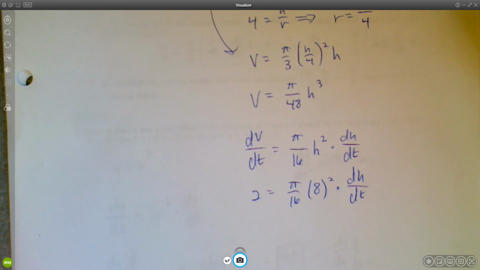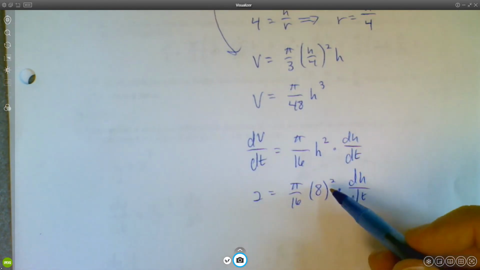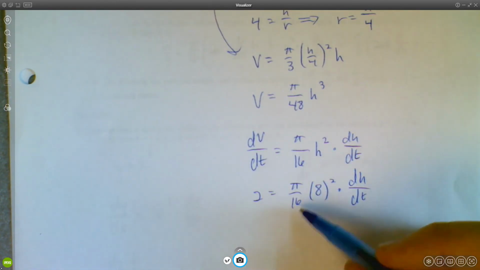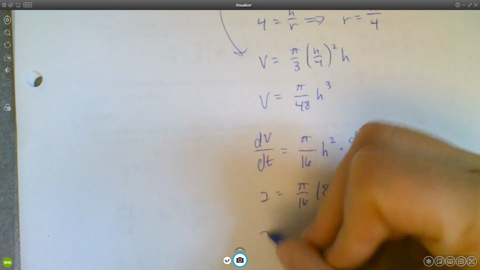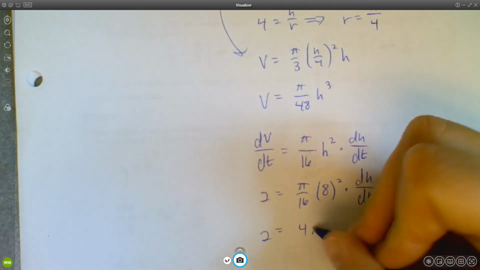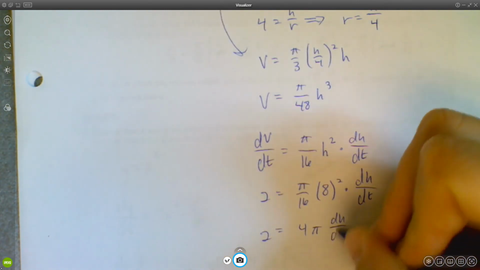Okay? 8 squared is 64. 64 divided by 16 is 4. So we have 2 equals 4 pi dh/dt.